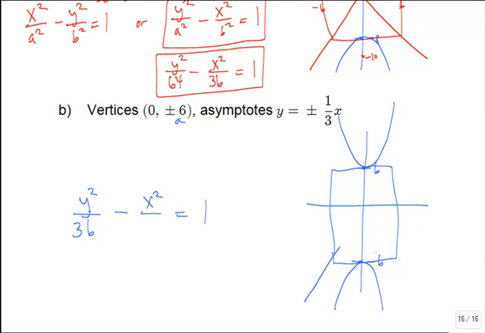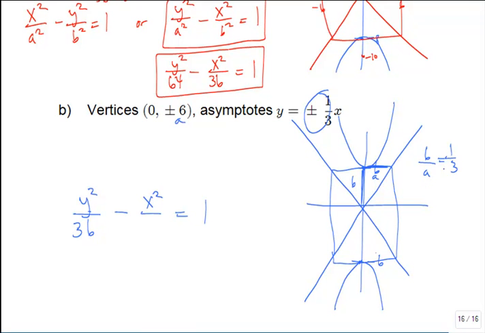And the slope of this diagonal line is supposed to be 1/3. And your slope here is coming from this rise, which we already know is 6, over this run, which we don't know. That's going to be our A here. So 6 divided by A is supposed to equal 1/3.